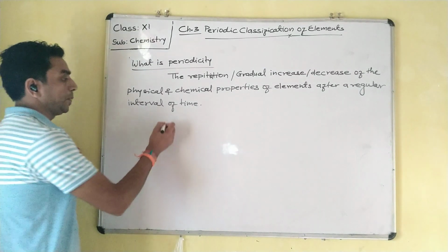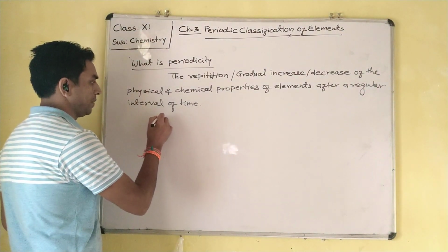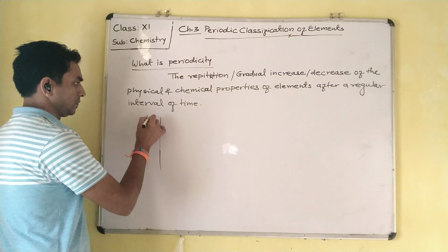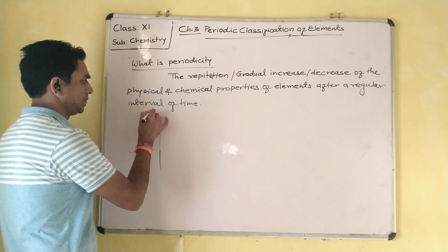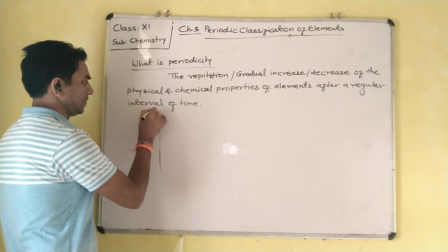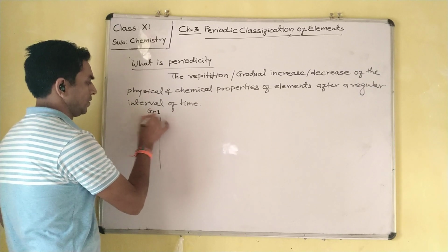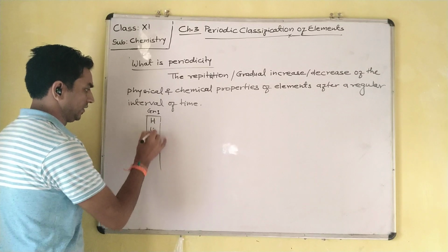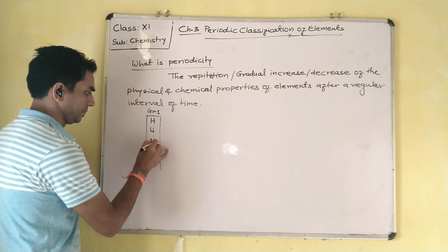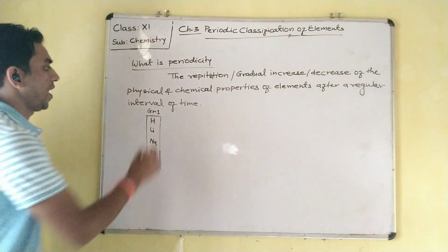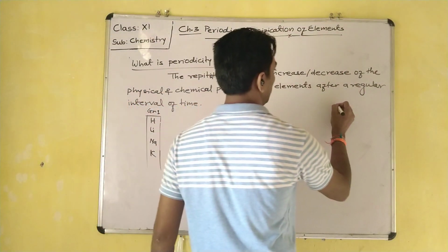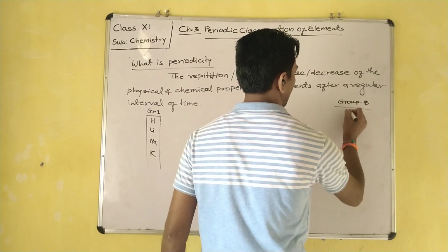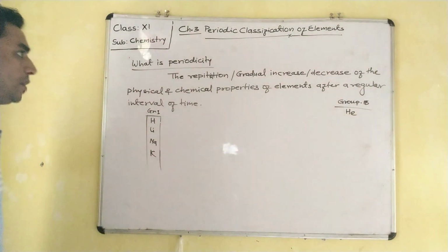In period number 1, in group number 1, hydrogen is here, then lithium, then sodium, then potassium. Hydrogen is in group number 1, and in group number 18 here is helium. Its atomic number is 2.